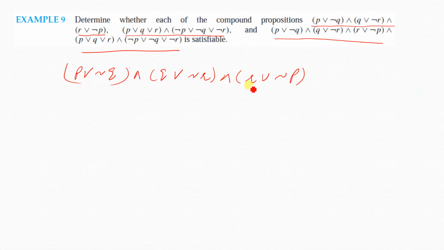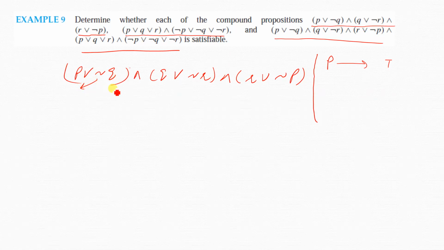So we'll randomly assign a truth value to the variables. Let's assign the truth value true to P. So let's assume that P is true. Okay, so P is true, then this statement becomes true.